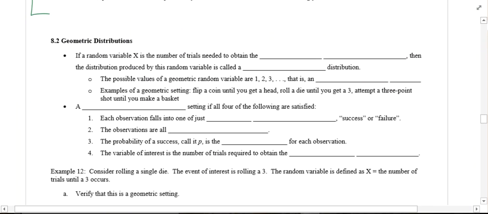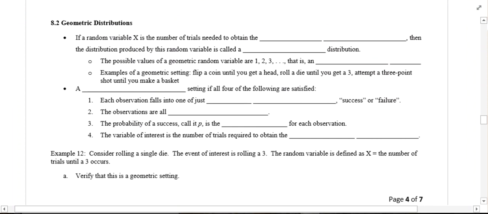We are also going to talk about another distribution, which is called a geometric distribution. They're very, very similar to binomial. Okay, there's one change that happens with geometric. So if a random variable x is the number of trials needed to obtain the first success, then the distribution produced by this random variable is called a geometric distribution.